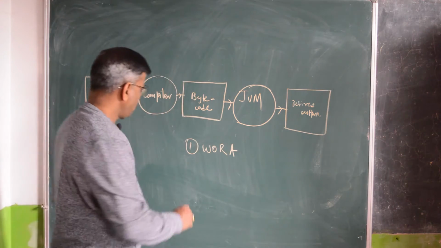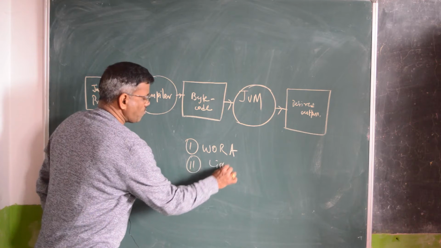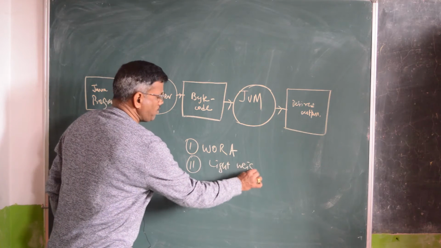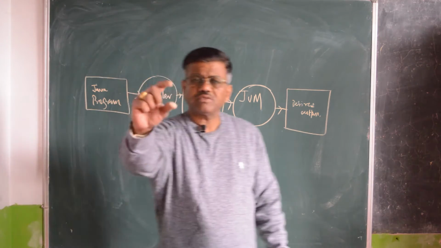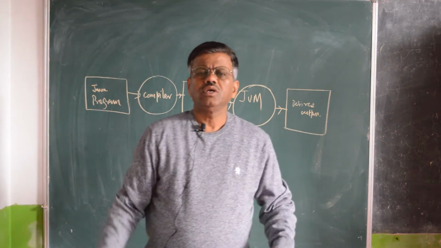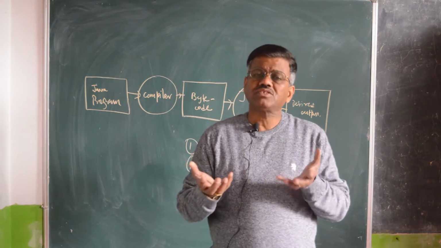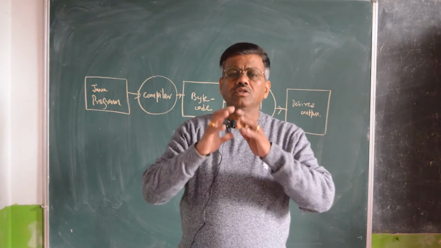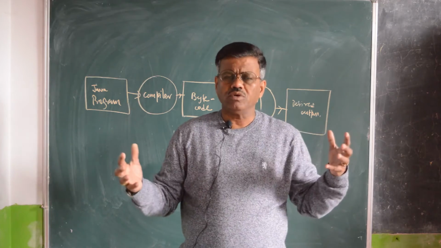The second characteristic is lightweight code. What do you mean by lightweight code? I'll give an example. You write a simple Java program which may be 4 kilobytes. The moment I compile the Java program, the file becomes very thick.